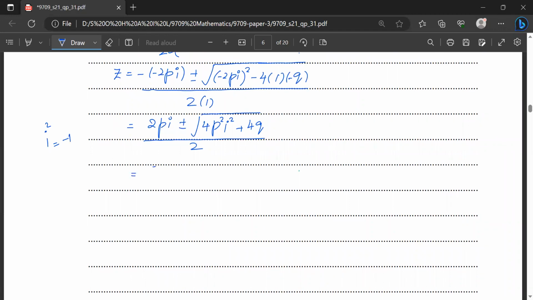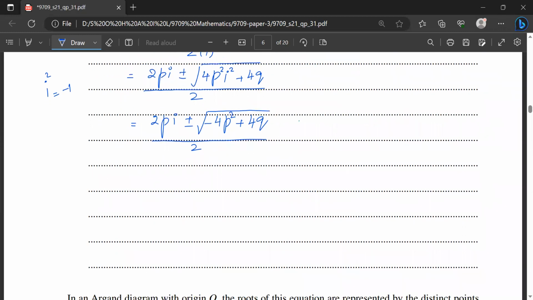So the next step is 2p iota plus minus the square root of minus 4p squared plus 4q, whole divided by 2. Inside the square root, 4 is common: 4 times the bracket q minus p squared, divided by 2.